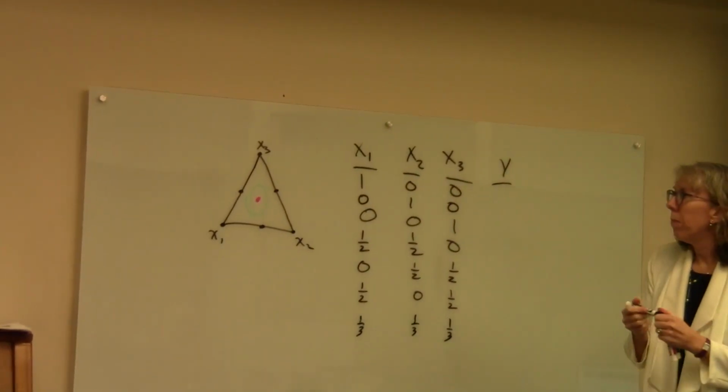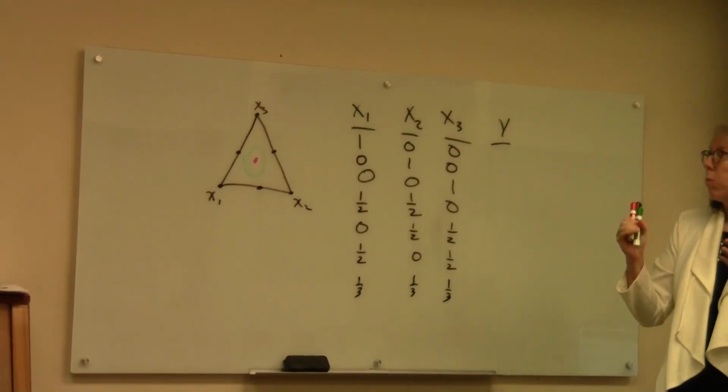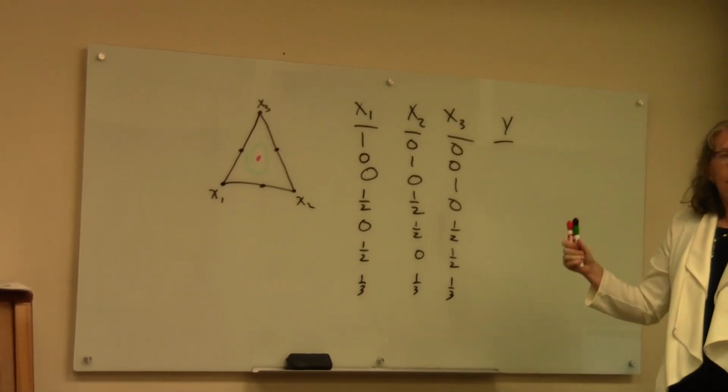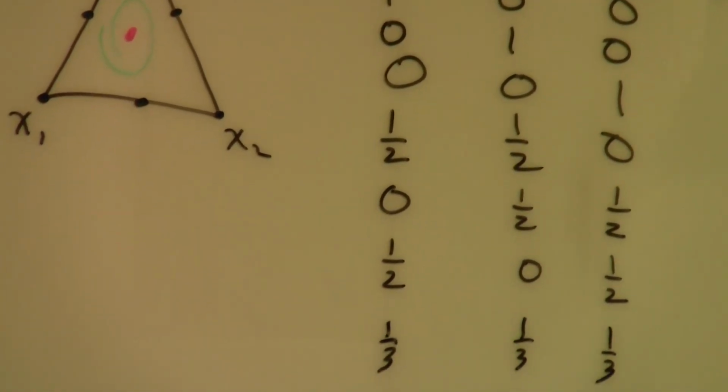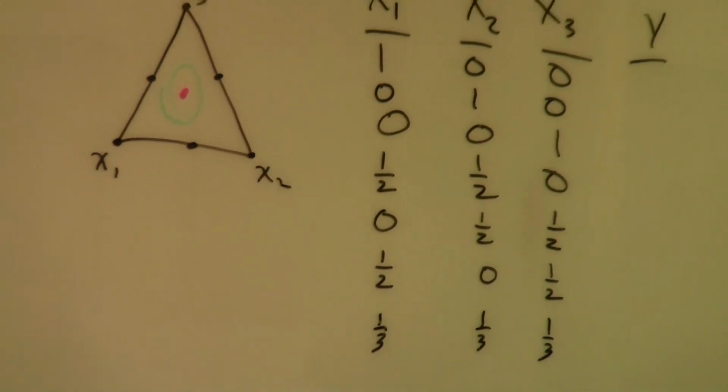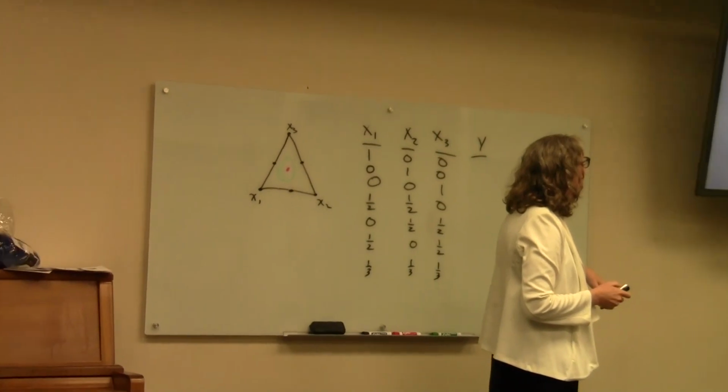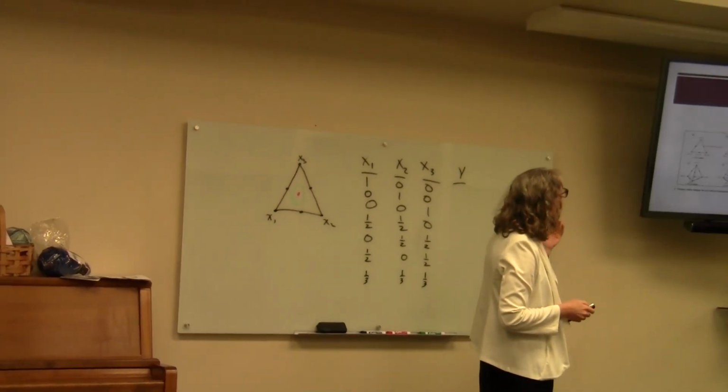Where everything's equal. And if we had 4 components, we would make this into a pyramid, and it would be the same kind of thing. So those are the simplex designs, briefly. And here are some pictures that show what I drew on the board.